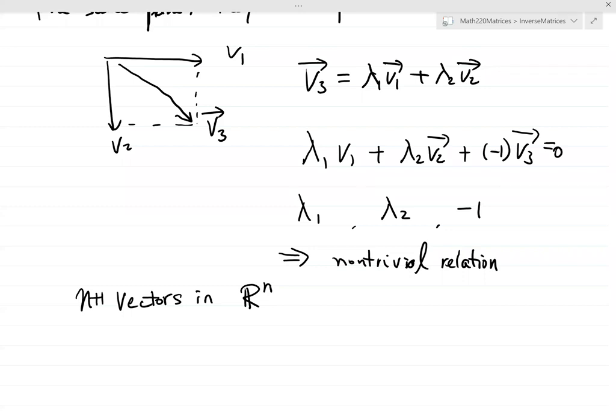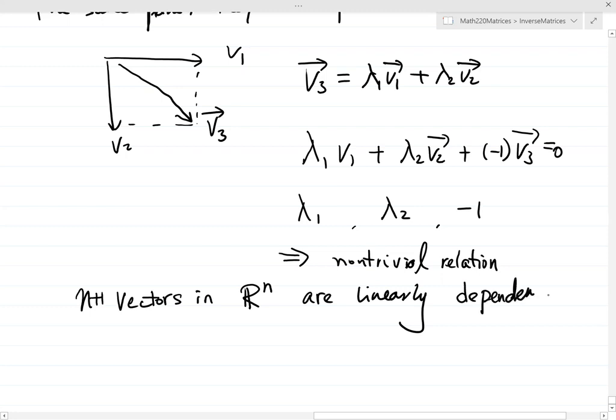But they live in Rn. This is not possible. So n plus 1 vectors in Rn are linearly dependent. If they were independent, they would span too large a space, but the space they live in, Rn, is small. So they are linearly dependent.